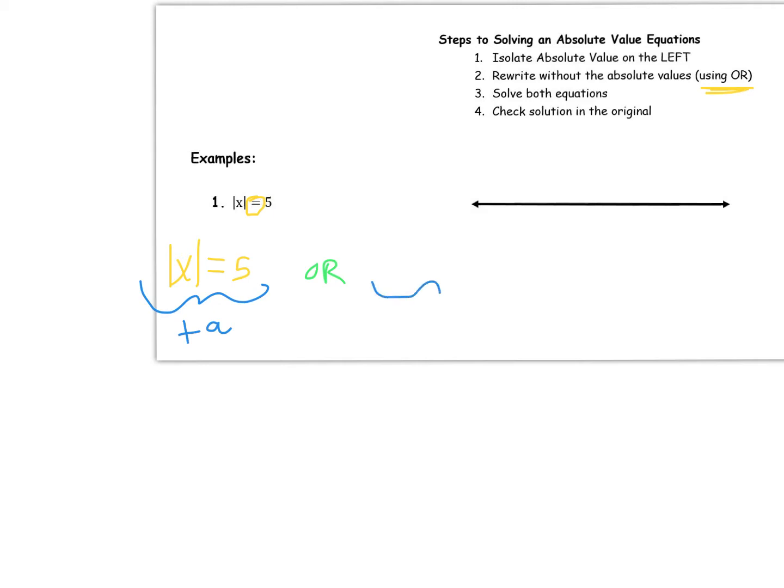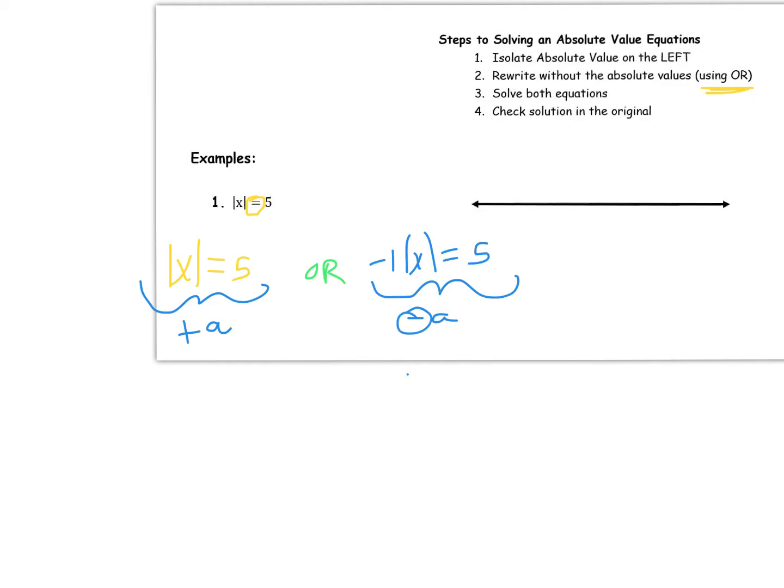What's going to happen over here is going to represent the negative A that is also equidistant, or the same distance away from 0. To incorporate the negative, we take the original problem, the absolute value of x is equal to 5, and put negative 1 in front of it.